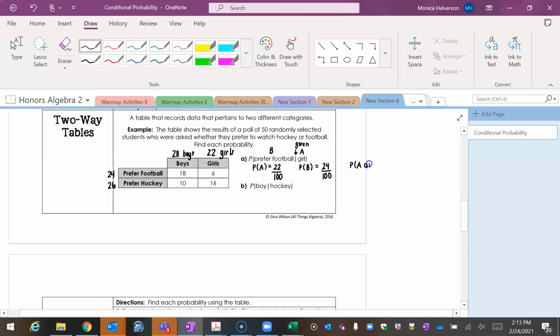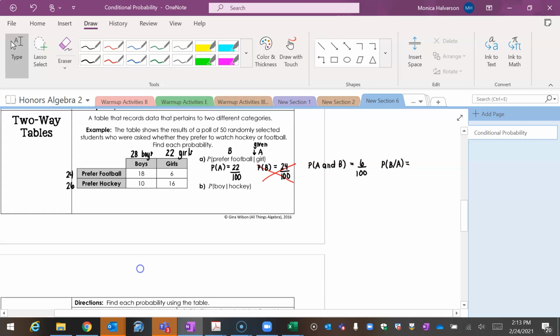Probability of A and B. So what's the probability that they're a girl and they prefer football? Well, that's actually 6 over 100. So we don't even need to know this, all right? Because now we can just plug it into the formula, where the probability of B given A is going to equal 6 over 100 divided by 22 over 100.